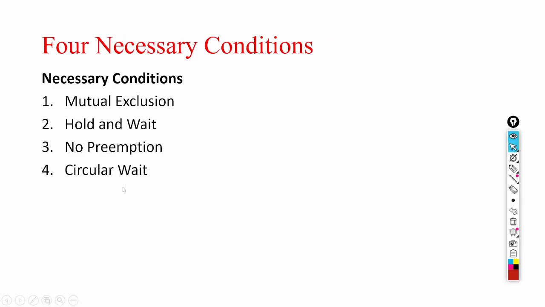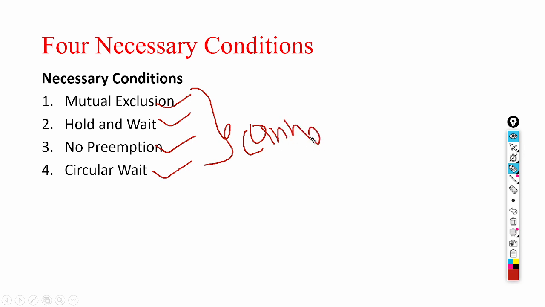There are four necessary conditions in a deadlock. This is the most important slide in the deadlock chapter. Deadlock cannot occur randomly. These four conditions must be present simultaneously. Even if one condition is missing, the deadlock cannot occur.